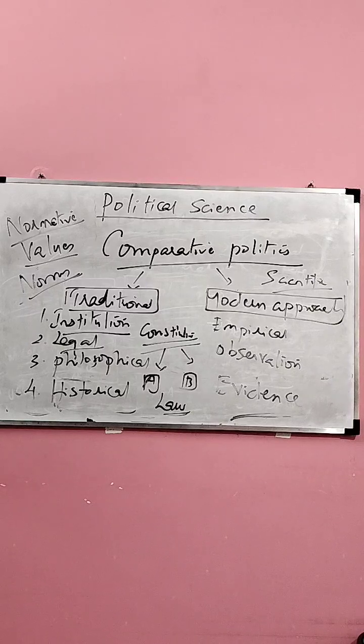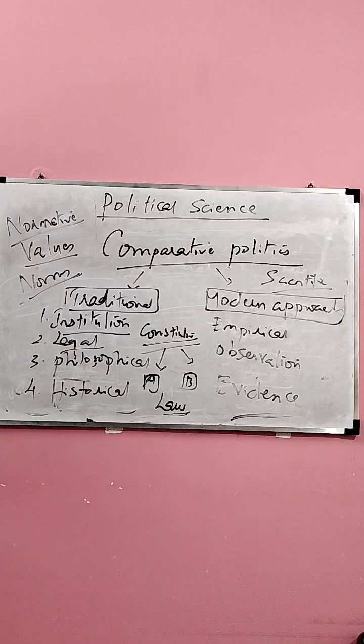The scholars who went for the traditional approach actually did not write any books in the name of comparative politics. It is very unique. They said that they were doing comparative politics, but they did not write any authoritative book on comparative politics. Only in the recent past, scholars following the modern approach started writing books on comparative politics.